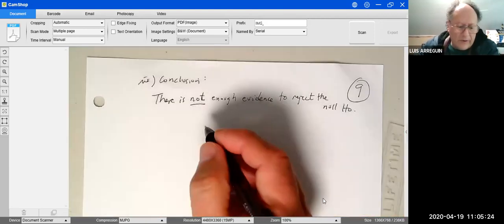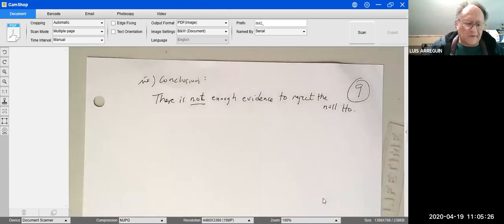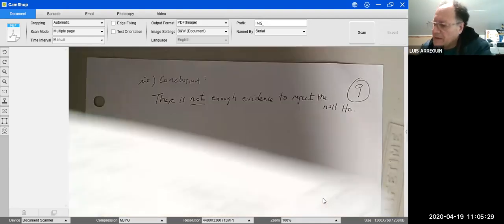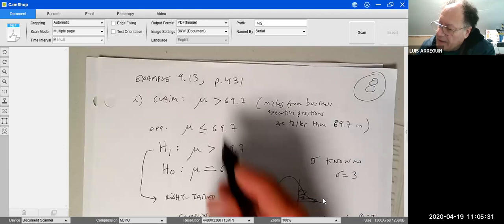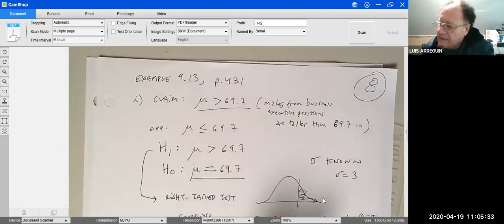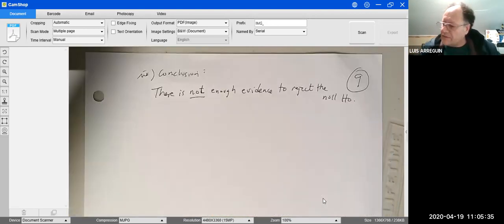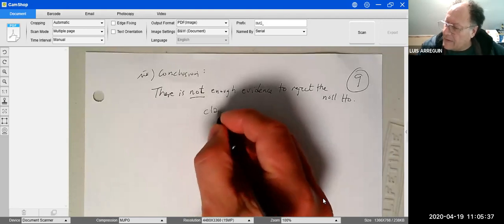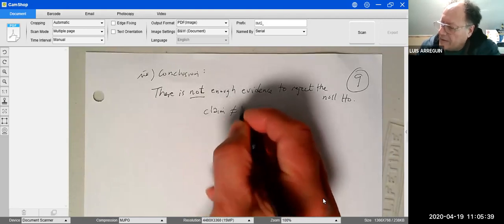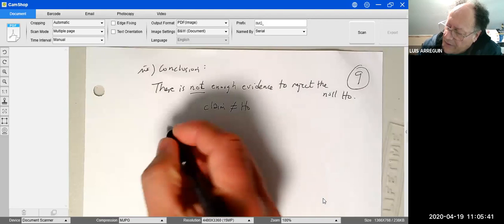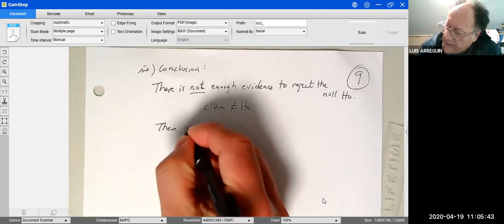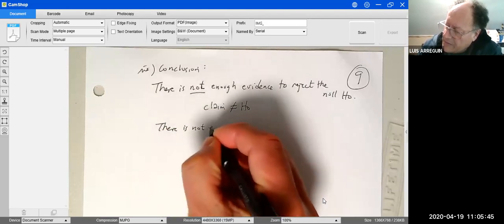And now we're going to check our null and our claim. You can see here the claim, you can see here the null, they are different again. So the claim and the null are different, so that means that we're going to write the same sentence with some changes.